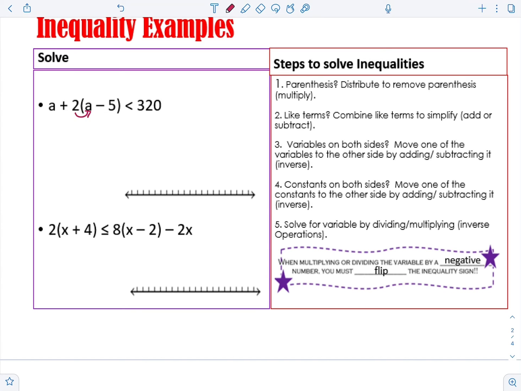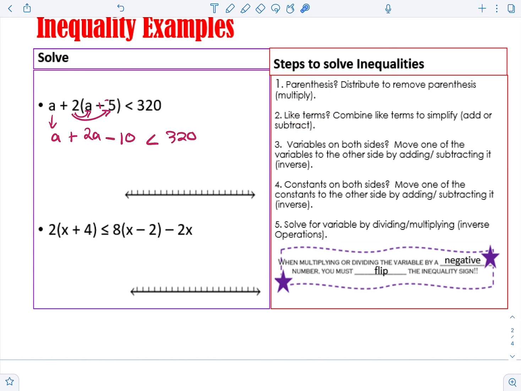So we're going to distribute. Bring this down. A plus 2 times a is 2a. Minus 2 times -5 is -10. And then less than 320. Got rid of the parentheses.